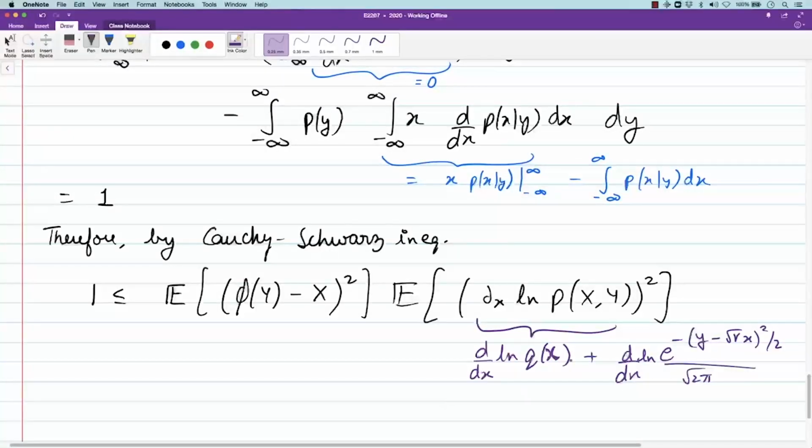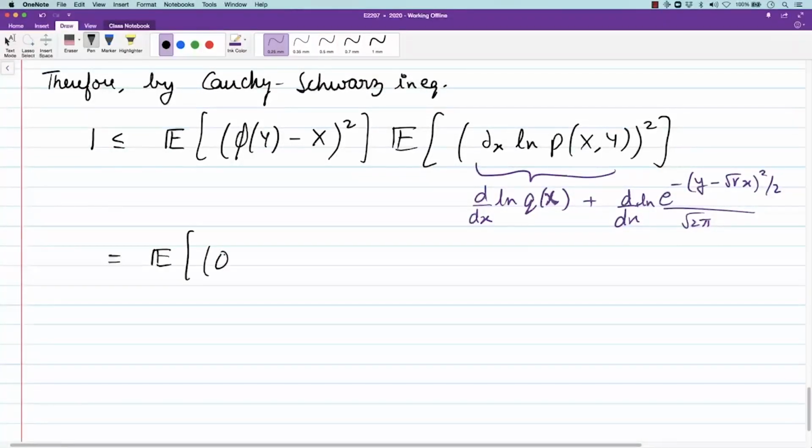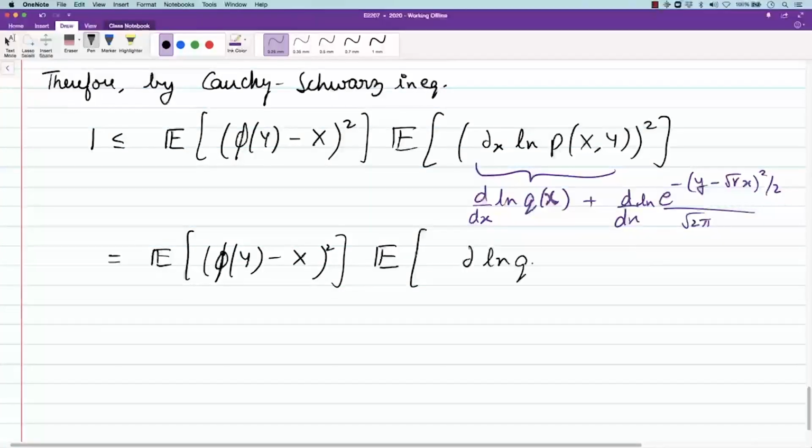So this whole thing here can be seen to equal the expected value of this mean square error times the expected value of this derivative plus, now what is this guy here?